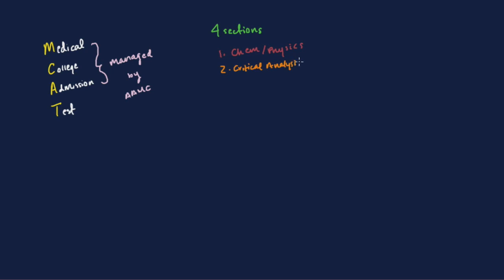The third portion is called the biological and biochemical foundations of living systems, which is essentially biology and biochemistry. And the last section is going to test you on psych and soc, and it's officially called the psychological, social, and biological foundations of behavior.